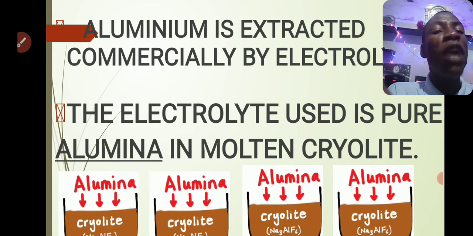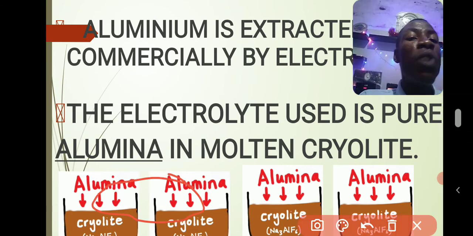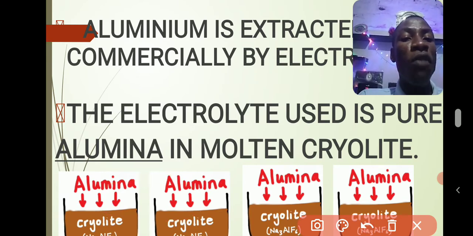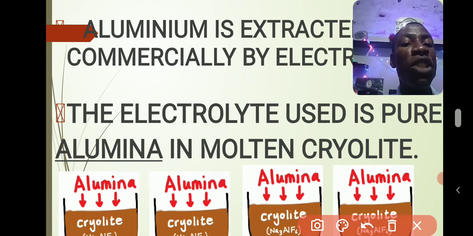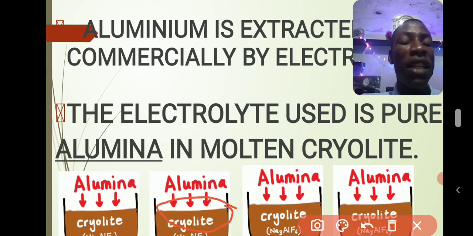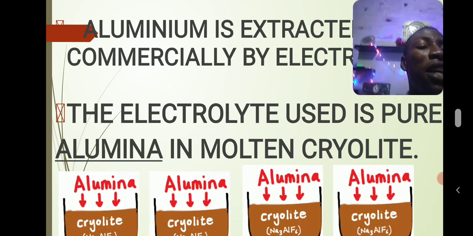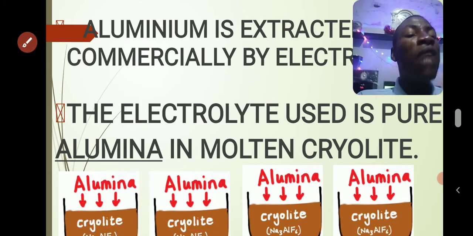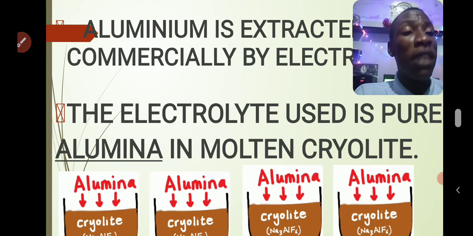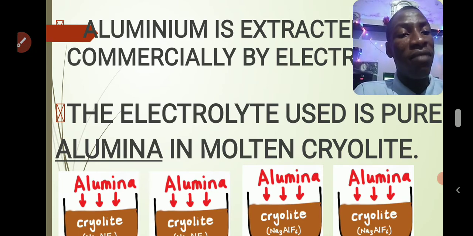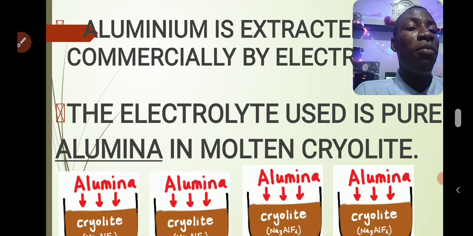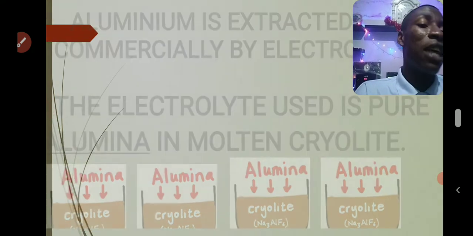But this pure alumina is always dissolved in molten cryolite. Molten cryolite is used to dissolve alumina, and the solution is used as the electrolyte when we are extracting aluminium.